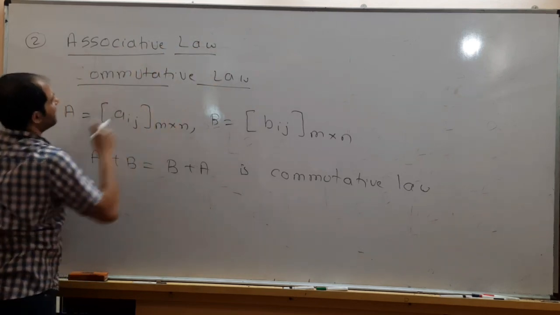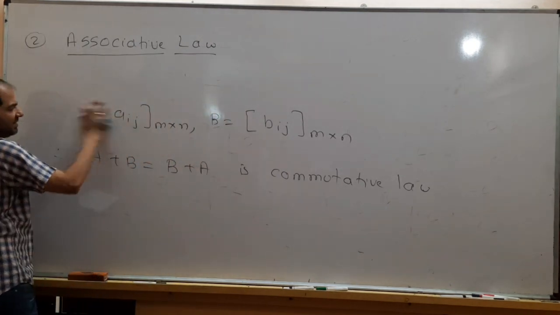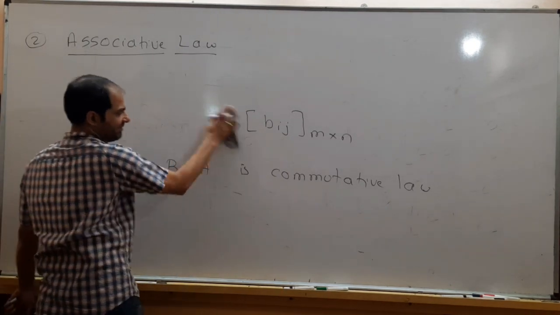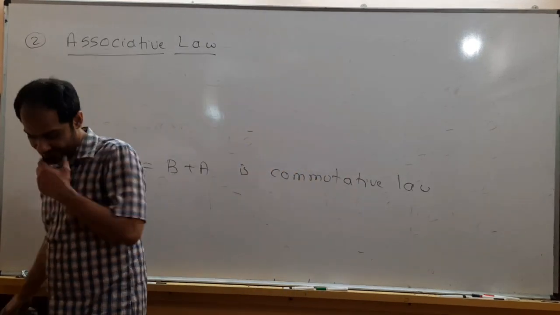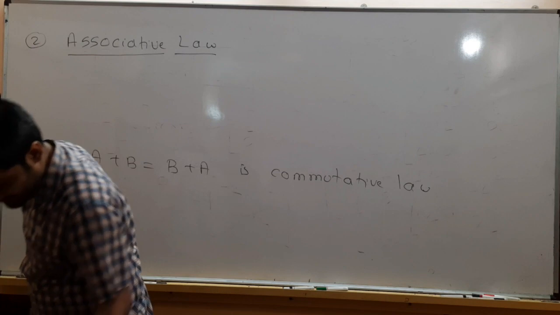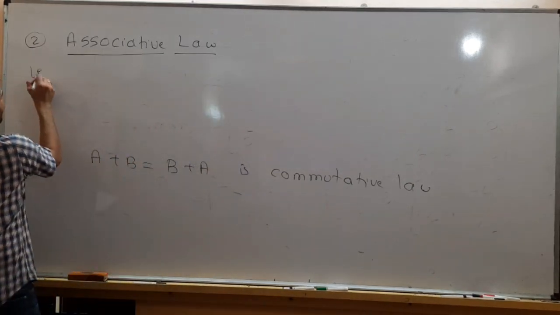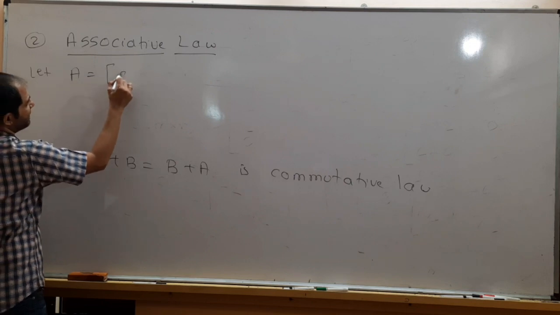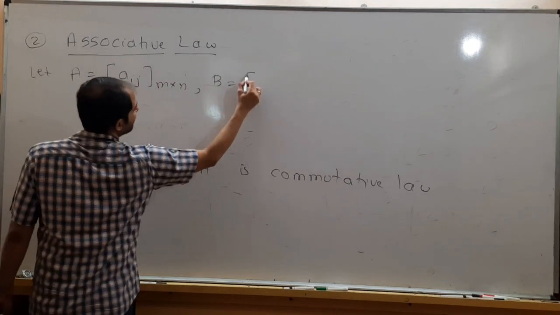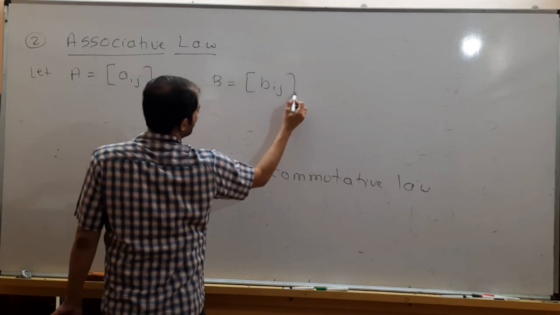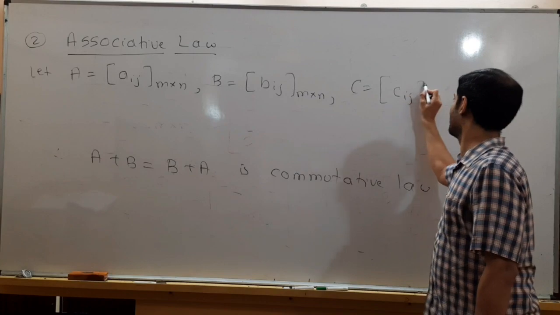Second is the associative law. Now, for the associative law we need three matrices, so let them be of the same order. Let A is equal to Aij of the order n cross n, B is equal to Bij of the order n cross n, C is equal to Cij of the order n cross n.